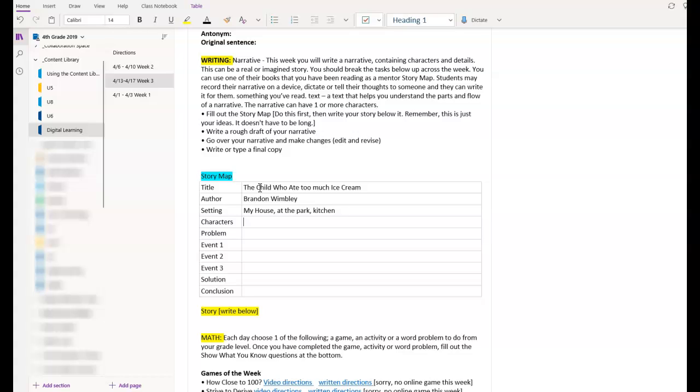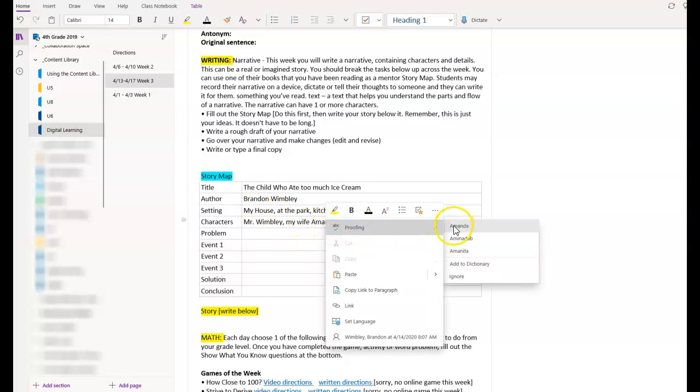Alright, who are the characters? Well, the characters are Mr. Wimbley, my wife Amanda, my son Luke, and my dog Kronk. And then check to make sure you have all those spellings done.